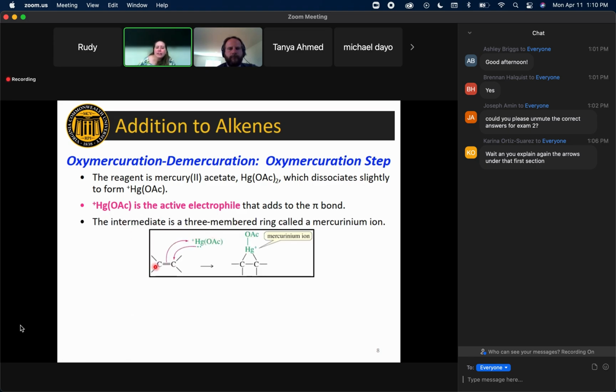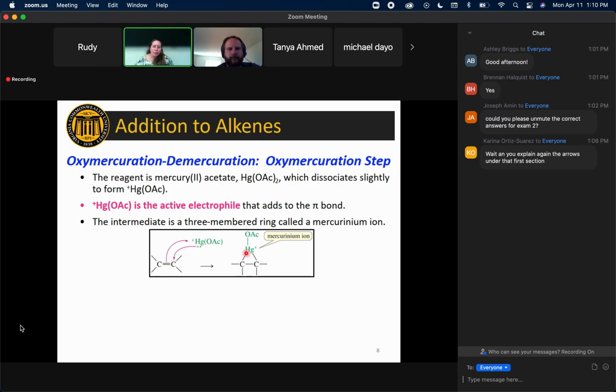And it adds in a fashion that you would typically expect, where this process is initiated by those pi electrons attacking as a nucleophile this electrophilic mercury. Now, this electrophilic mercury also has some lone pairs of electrons on it. And so that lone pair of electrons will at the same time form a new mercury carbon bond with the other carbon of the double bond.